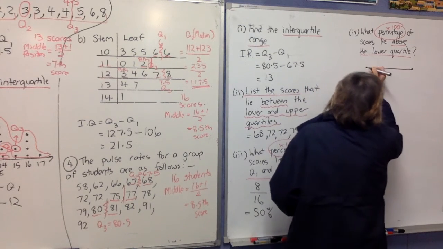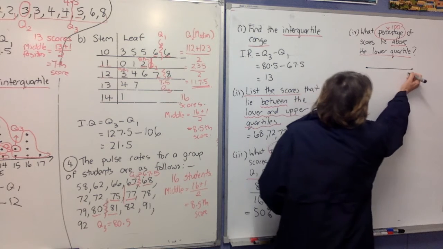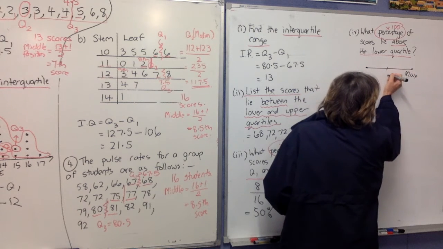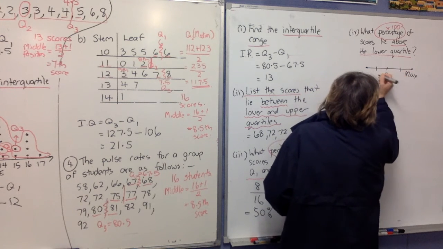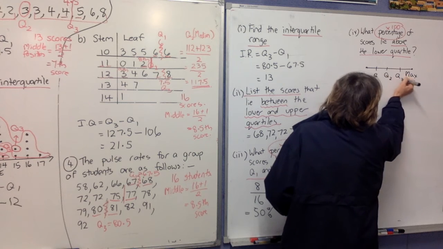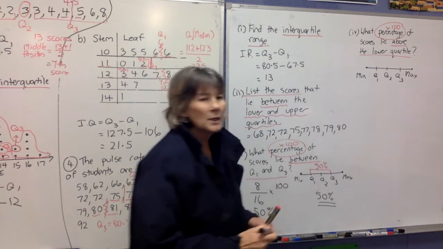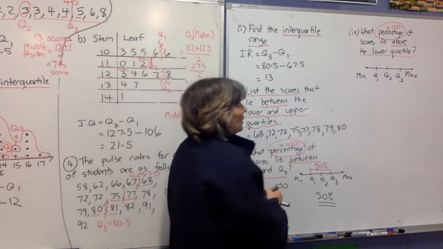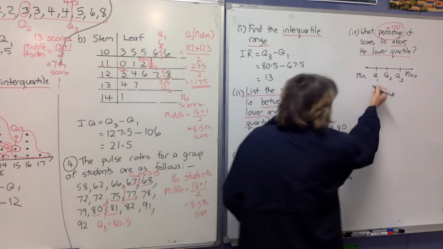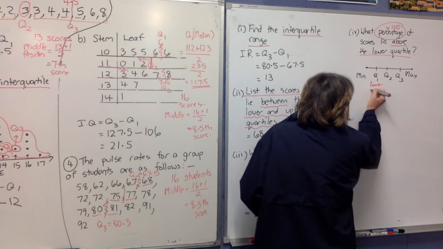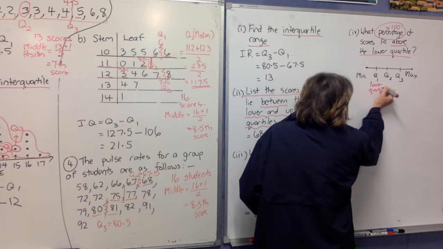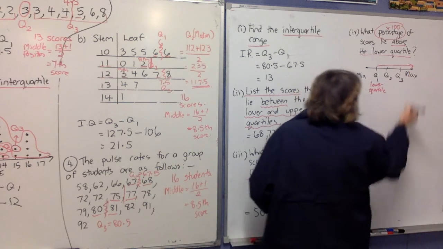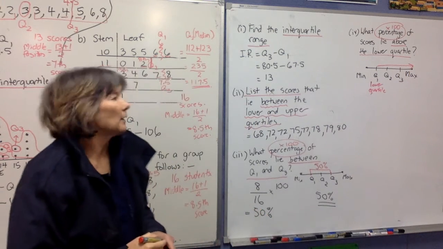So if I draw my diagram, minimum, maximum, split into quarters, what percentage of scores lie above the lower quartile? Here is the lower quartile. What percentage of scores lie above that?